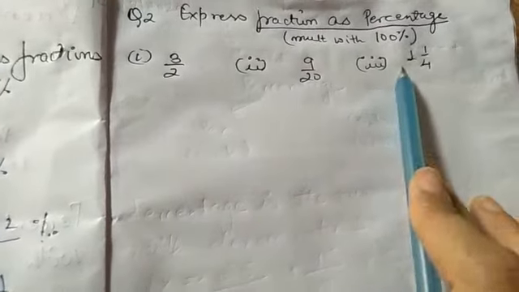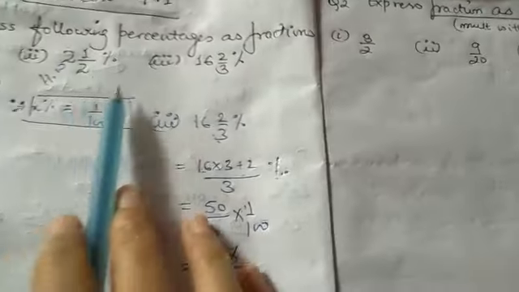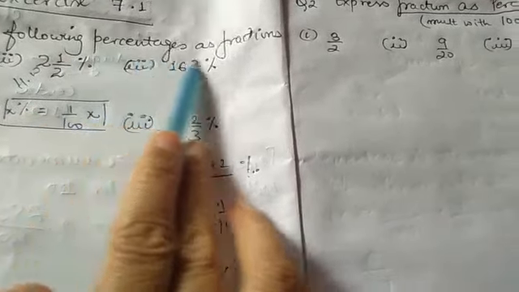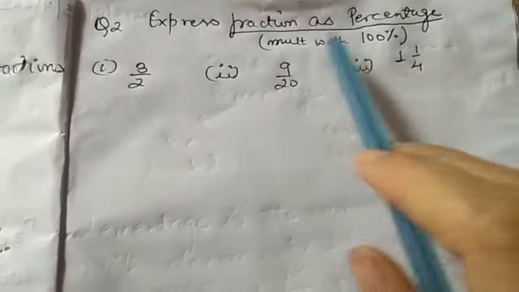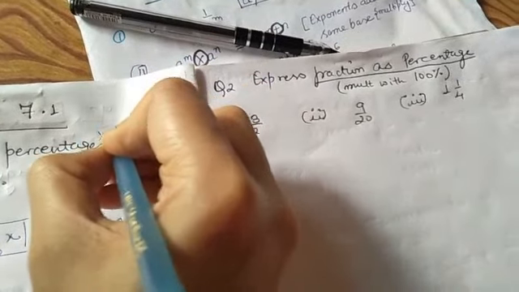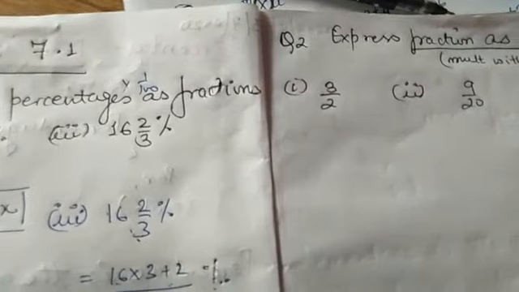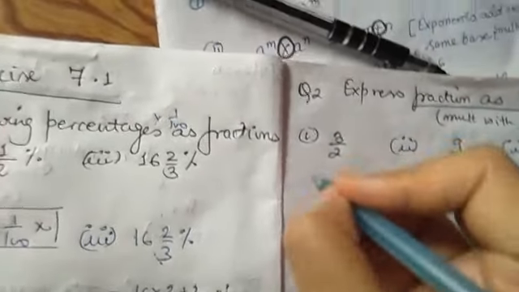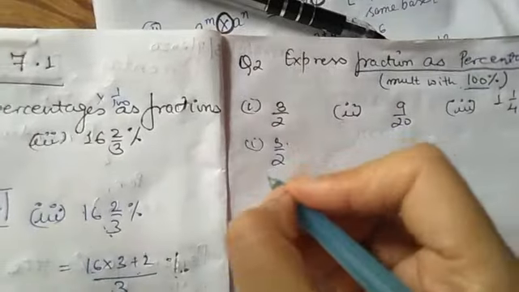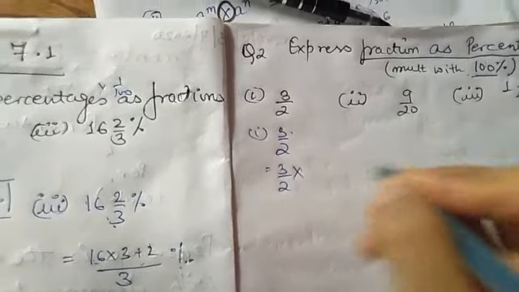Look at the second question. This is a bit different from the first one. Here we were converting a percentage to a fraction, and in this we will convert a fraction to a percentage. For converting a percentage to a fraction, we multiply with 1 upon 100. For converting a fraction to a percentage, we multiply with 100 and put a percentage sign. Look at question number 1 here. 3 upon 2 is a fraction and I want to convert it into a percentage.